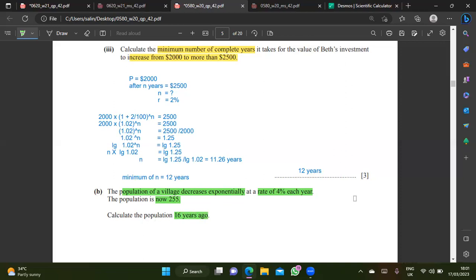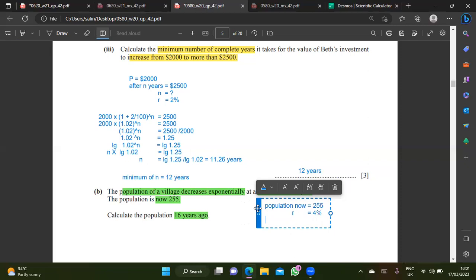Okay, so what we can do is try to gather some info here. We can say that the population now is 255. And what is the rate of your decrease? The same symbol, no problem. It's 4%. This is not increasing, but decreasing.